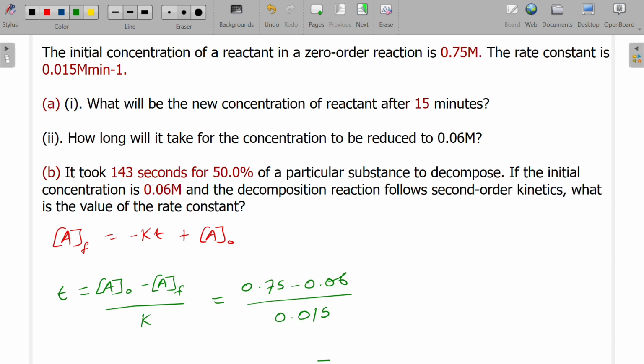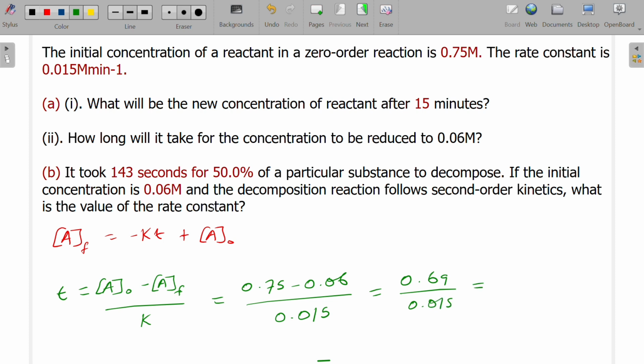So all we have to do is the mathematics. 0.75 minus 0.06 gives me 0.69, and down here we still have 0.015.